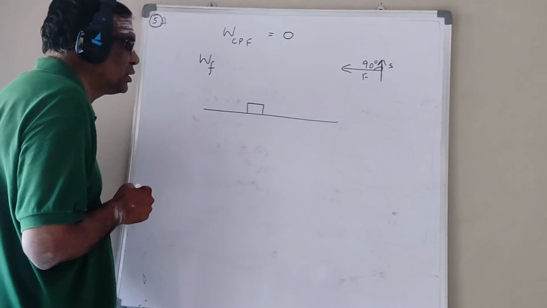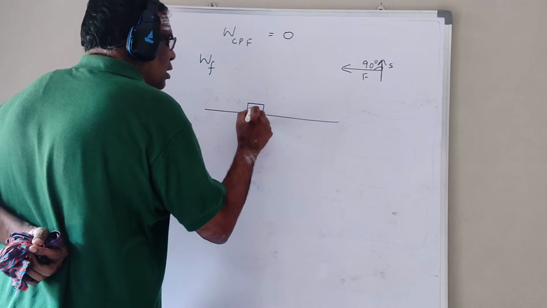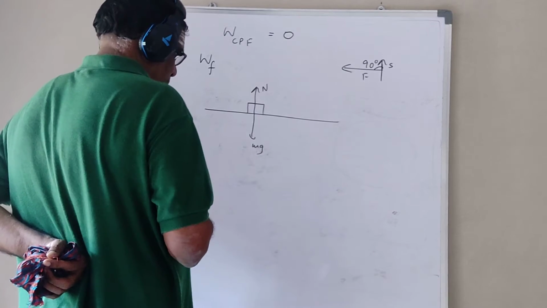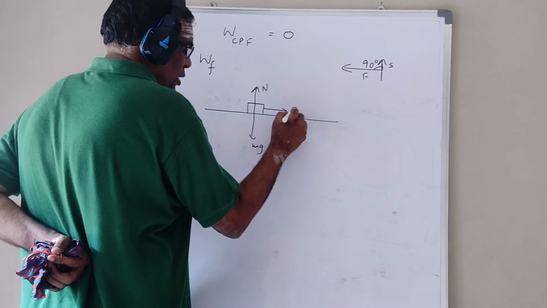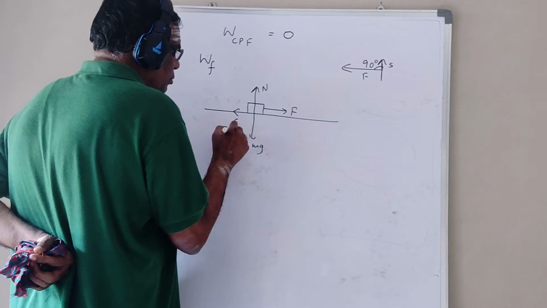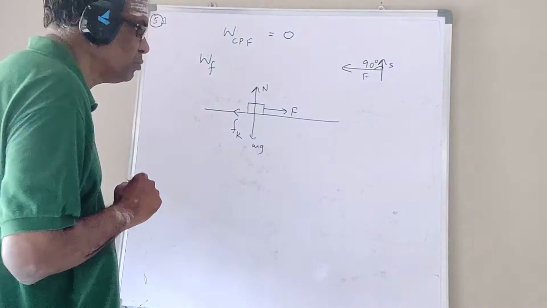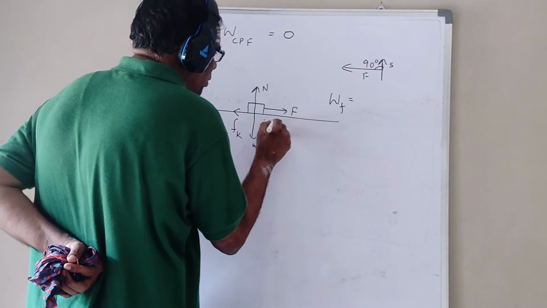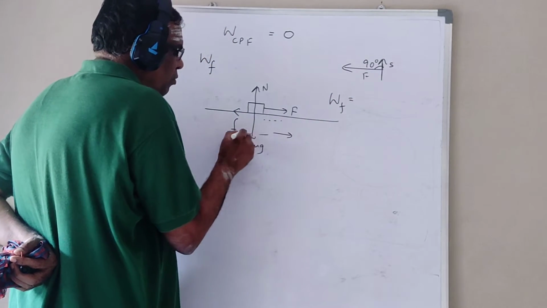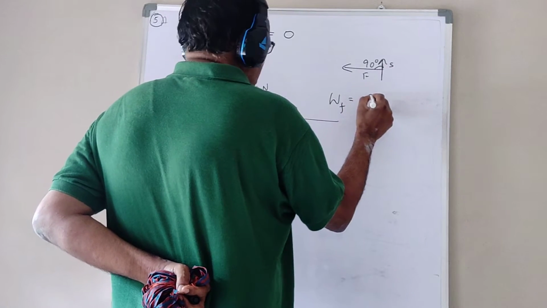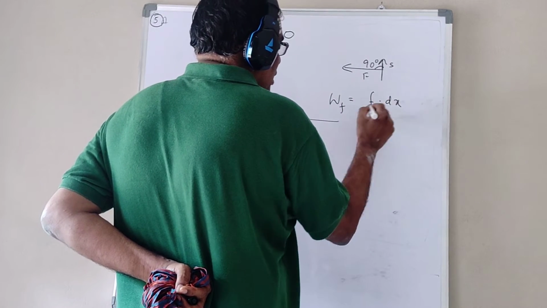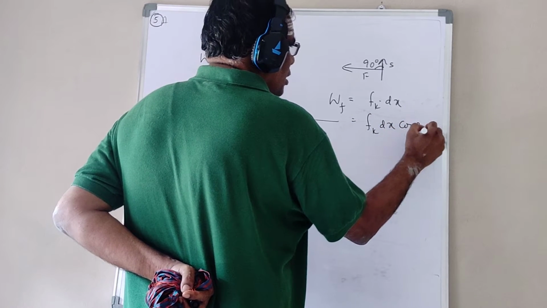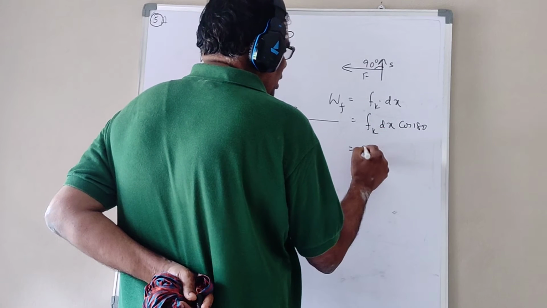Work done by friction. For example, this is a horizontal surface, you have the normal force. I am applying a force F. This is Fk. What is Fk? Work done by friction: displacement is like this, force is like this. So Fk dot dx, that is Fk dx cos 180. Cos 180 is minus 1.